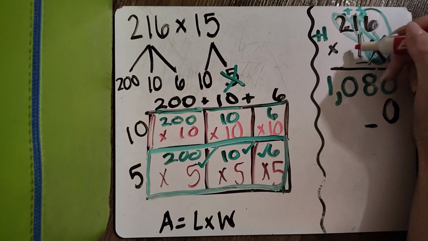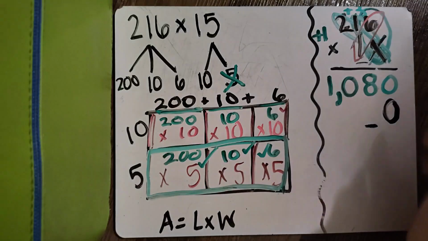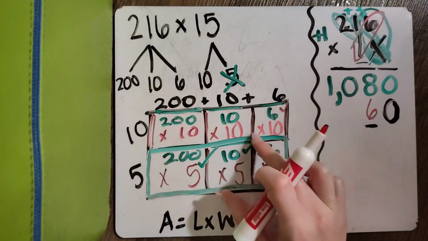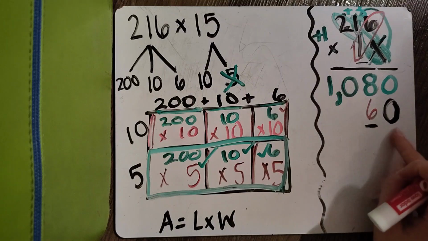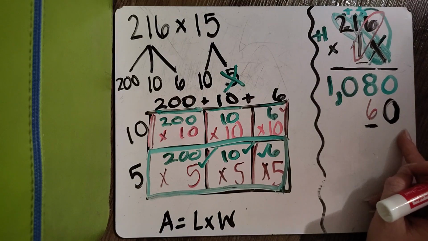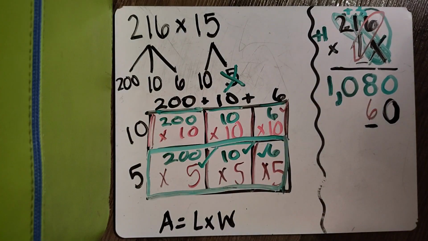Now we can do 110 times 6 ones. Do you see 110 times 6 ones? Right here. 1 times 6 is 6. And isn't 6 times 10 also 6 tens? 60? That's why this way works, because we separated our place values.